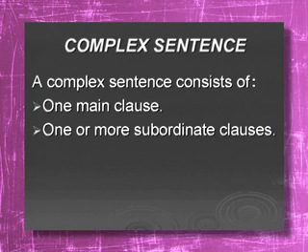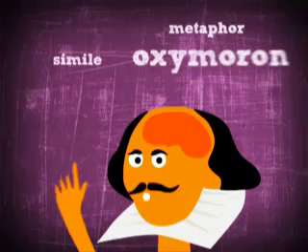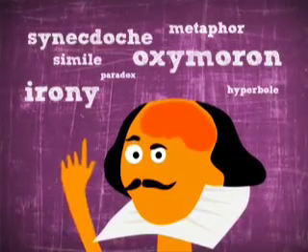Now, a subordinate clause will be joined to a main clause by a subordinating conjunction. Coordinating conjunctions join main clauses to each other. Subordinating conjunctions join a main clause to a subordinate clause.